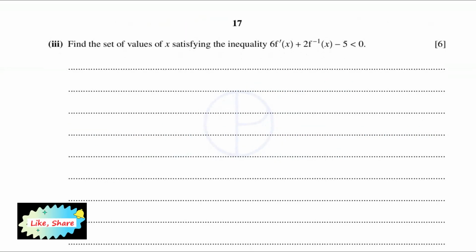The next part of the question is: find the set of values of x satisfying the inequality 6f'(x) + 2f⁻¹(x) − 5 < 0. So here f' and f inverse both are used.